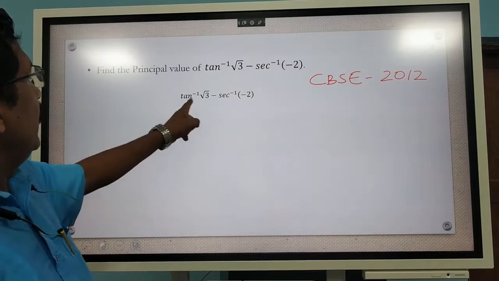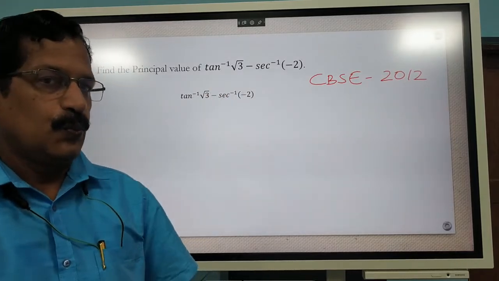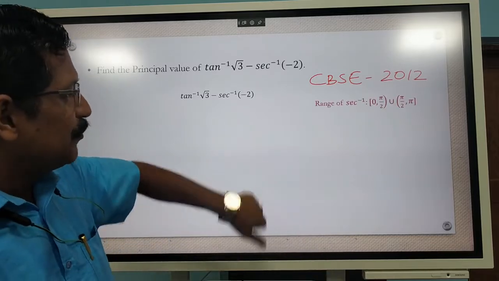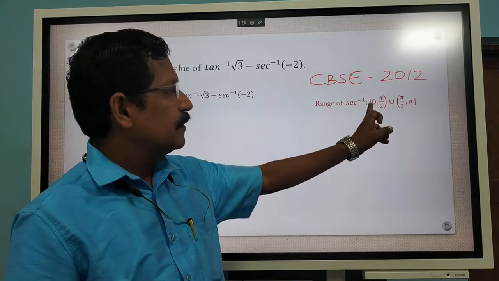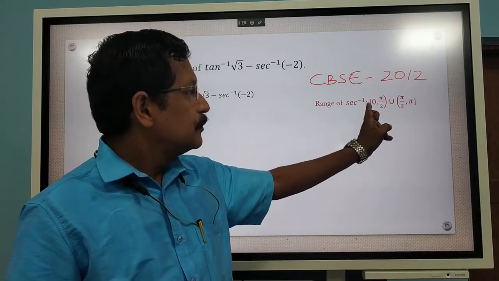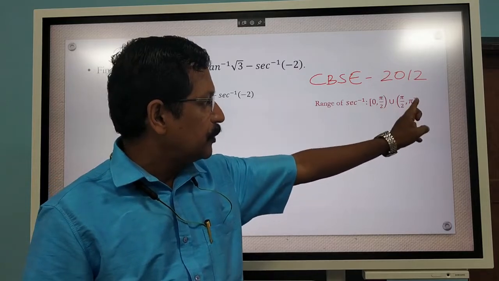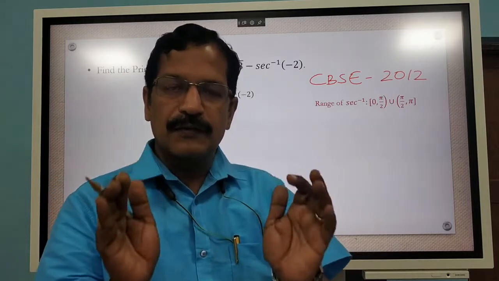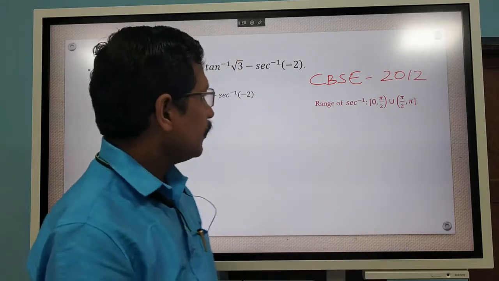So, tan inverse root 3 minus sec inverse minus 2. What is the range of sec inverse? The range of sec inverse is 0 to pi by 2, half open interval, union pi by 2 to pi. That is, from the closed interval 0 to pi, the point pi by 2 is excluded.